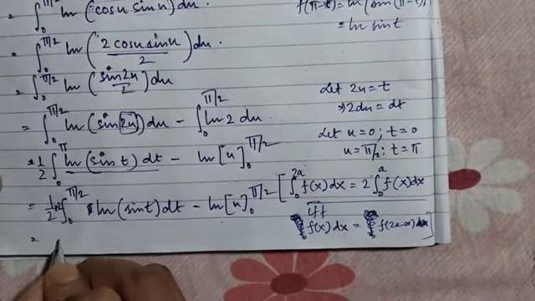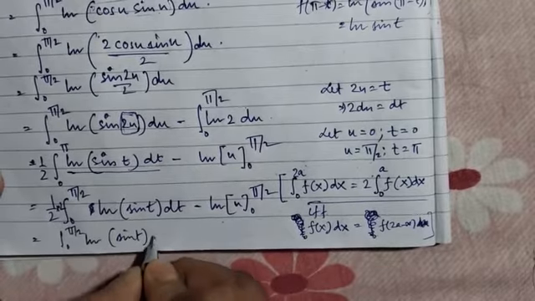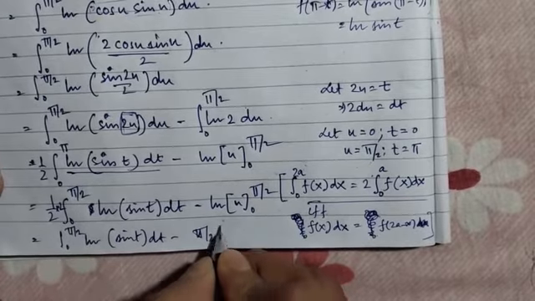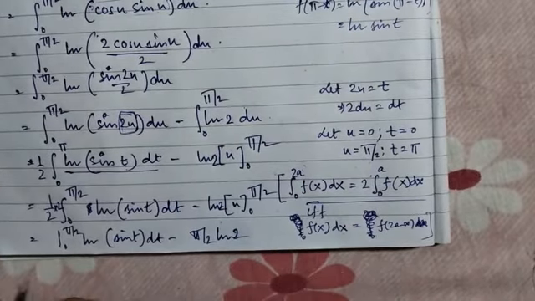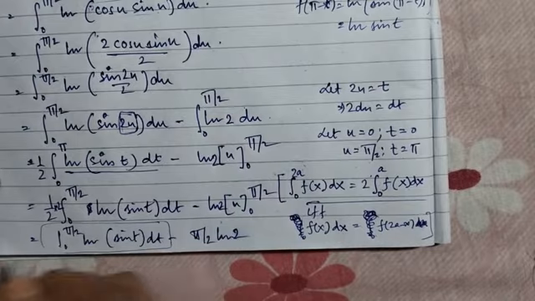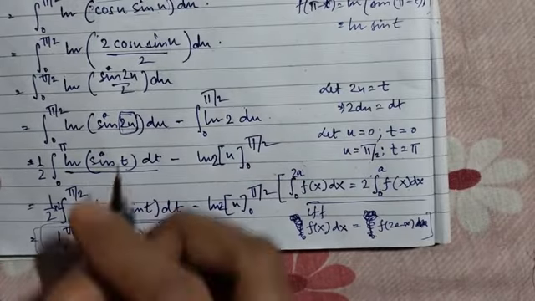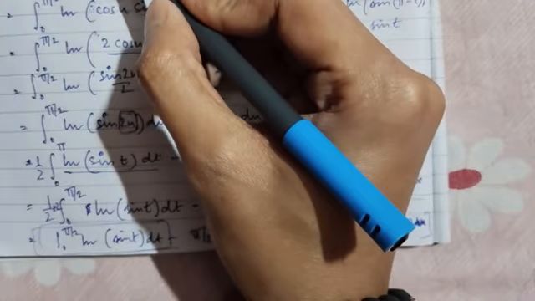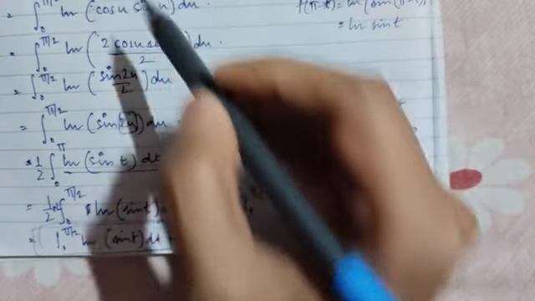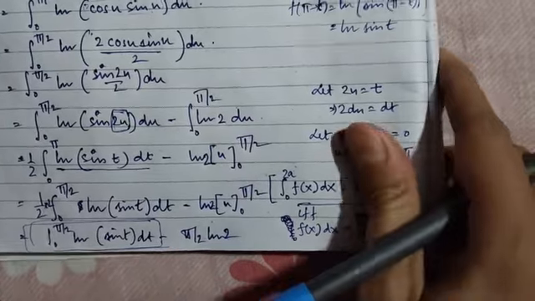From here we get the integral from 0 to pi by 2 of ln sin t dt minus pi by 2 ln 2, which is nothing but I. The variable got changed, but the function remains the same, so we can write this as I.